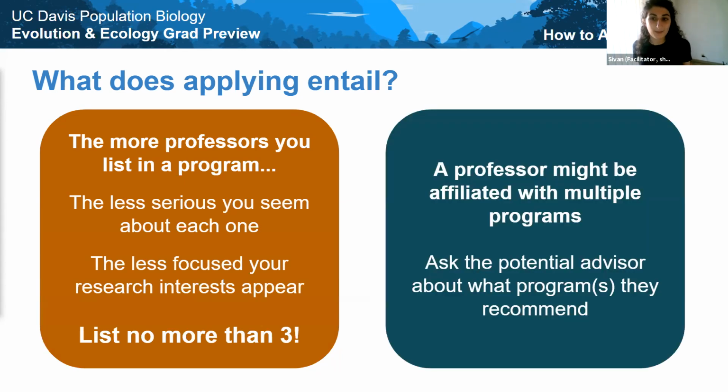And also a professor might be affiliated with multiple programs. And so you should be asking this potential advisor what programs they take students through and if they have a certain recommendation. Sometimes people apply to multiple programs to work in one lab and they decide later which program they'll join.